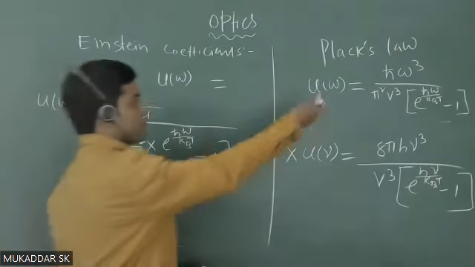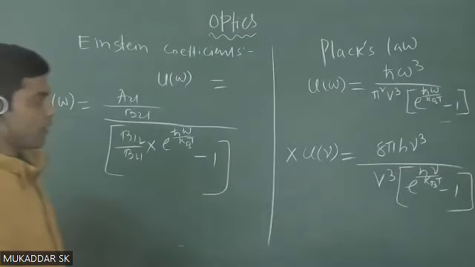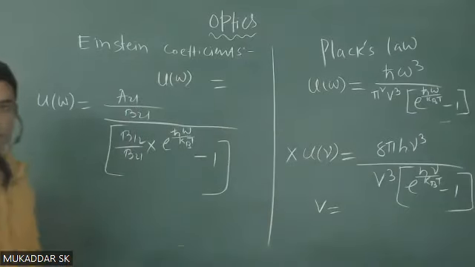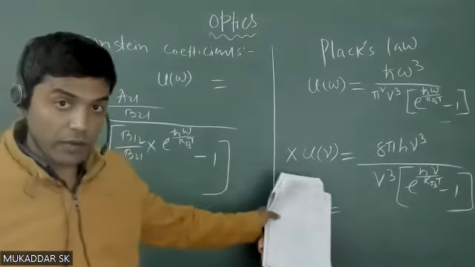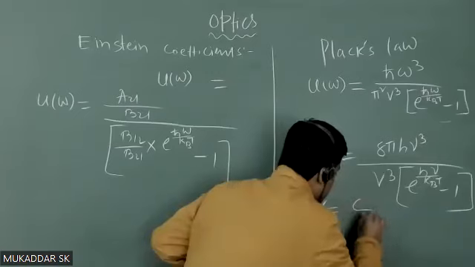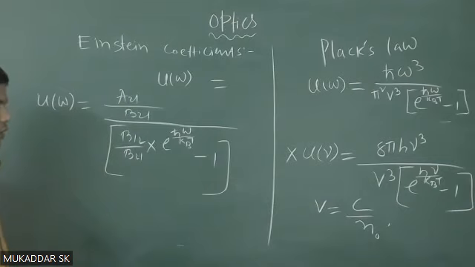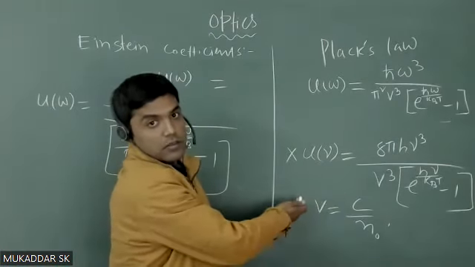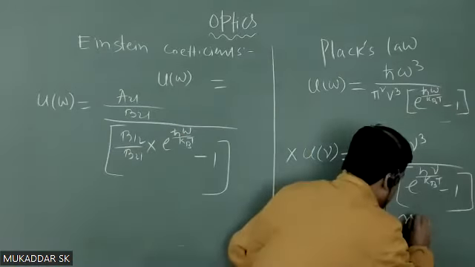What is v here? V is the velocity of electromagnetic wave in a medium, which I can write as c by n naught. This is the velocity of photons in a cavity, where n naught is the refractive index of this cavity.